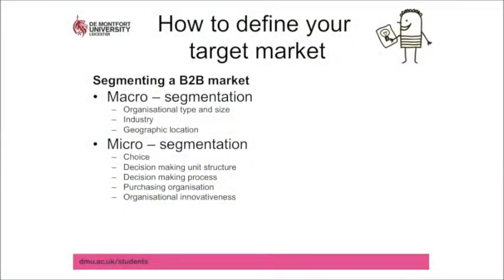The decision-making unit structure. So who can make the decisions? If we, as a company, are selling into De Montfort, a large organisation, there's more than 2,000 staff. Who do I, as a marketer, sell my services to? How are the decisions made?